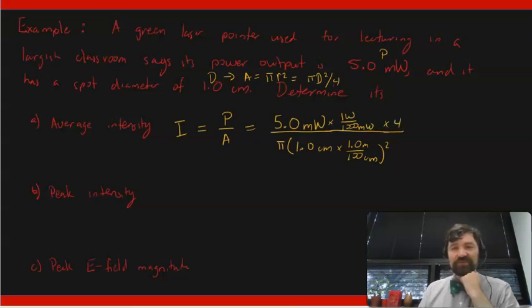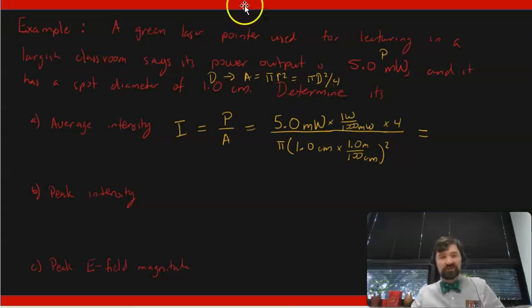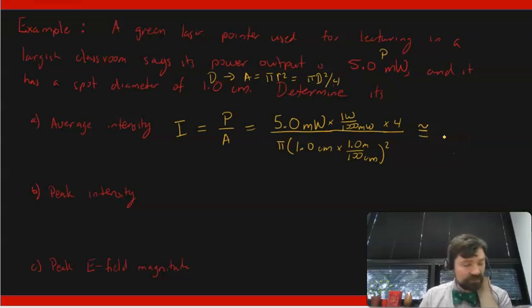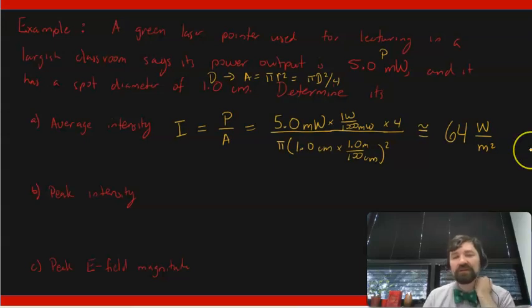This times 4 is because I have an over 4 in the denominator, which is like a times 4 in the numerator. Plugging all of that into our calculator, we get about 63.6619. So 2 sig figs would be 64, and the unit is watts per square meter.